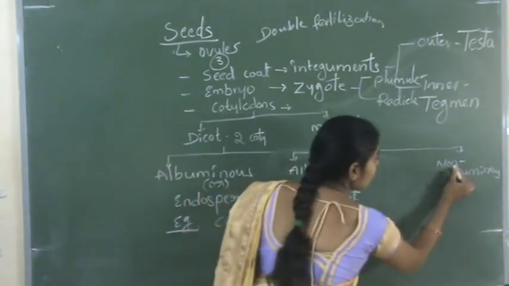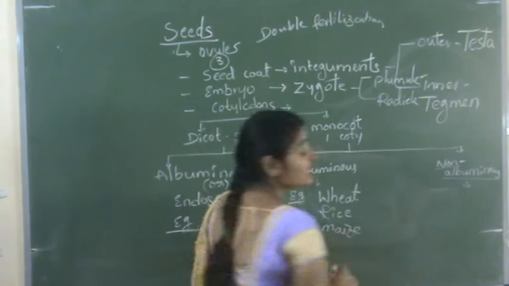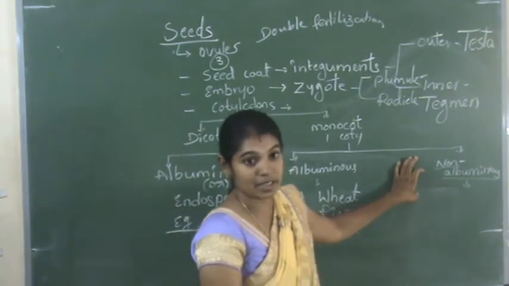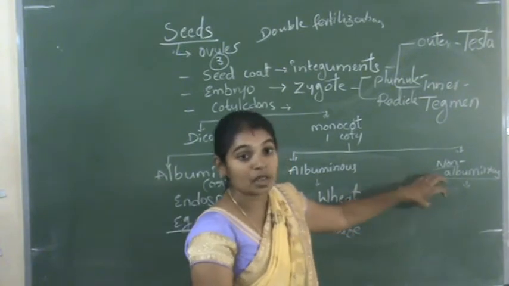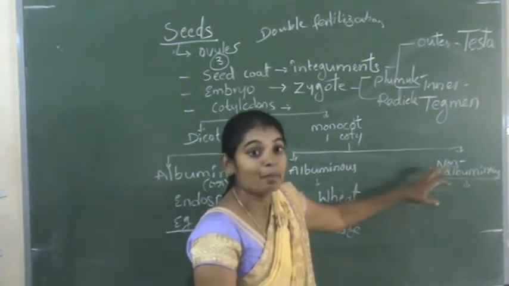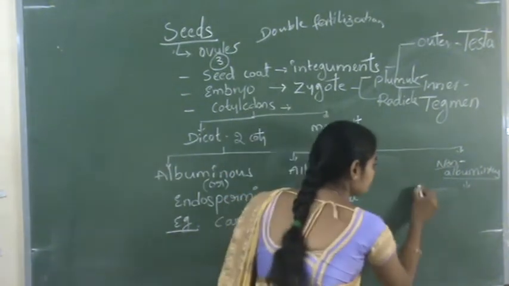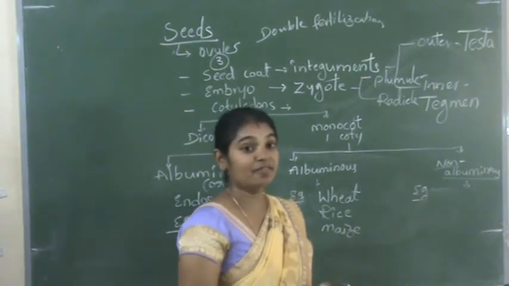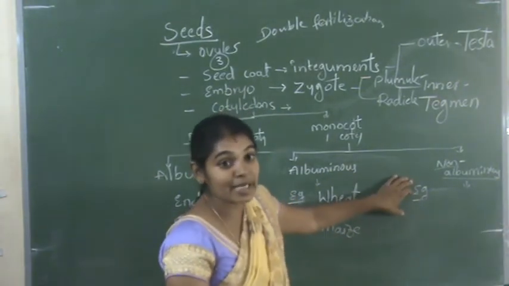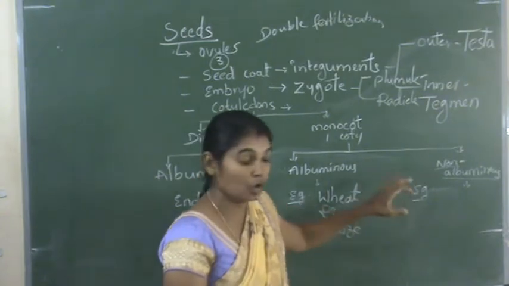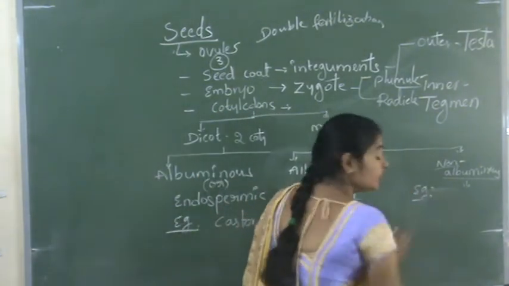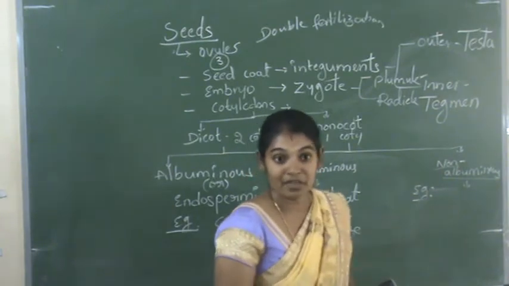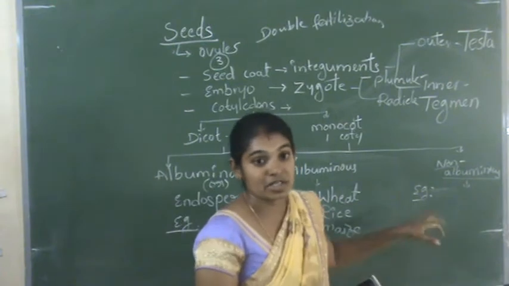In non-albuminous seeds, reserved endosperm is not present. All of the endosperm is consumed by the developing embryo, and such seeds have a fast germination period. That means the viability of the seeds is very low, because due to the absence of reserved endosperm, further development of the embryo for a longer period is not possible.